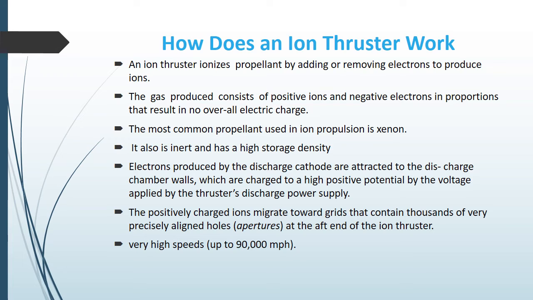A very high positive voltage is applied to the screen grid, which is configured to force the discharge plasma to reside at high voltage. As ions pass between the grids, they are accelerated toward the negatively charged electrode to very high speed, up to 90,000 mph.